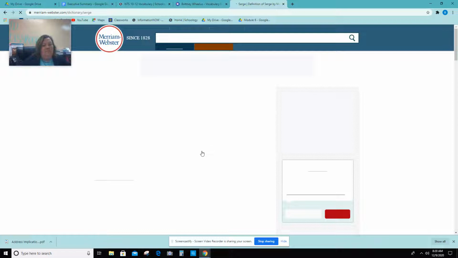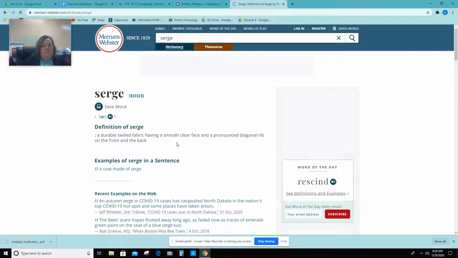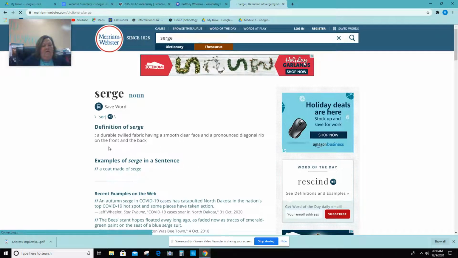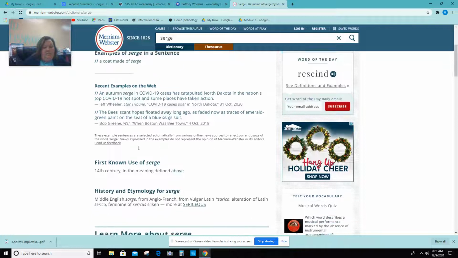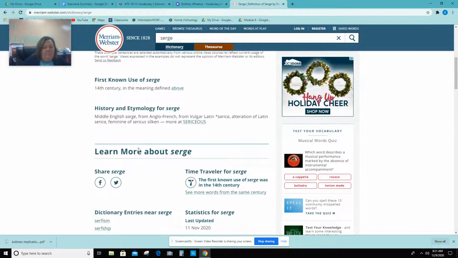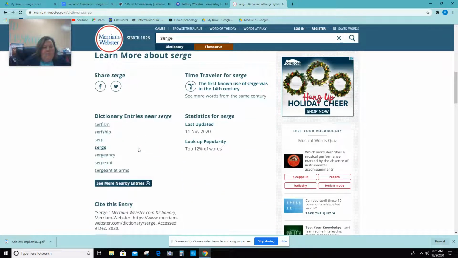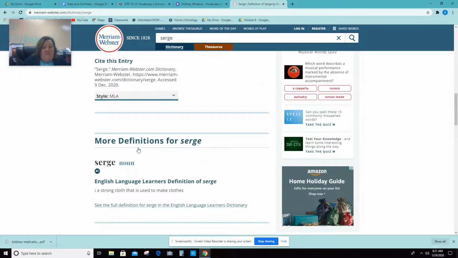Being a little slow this morning. All right, so we have multiple definitions here. A durable twilled fabric having a smooth, clear face and pronounced diagonal rib on the front and the back. That is not the definition.